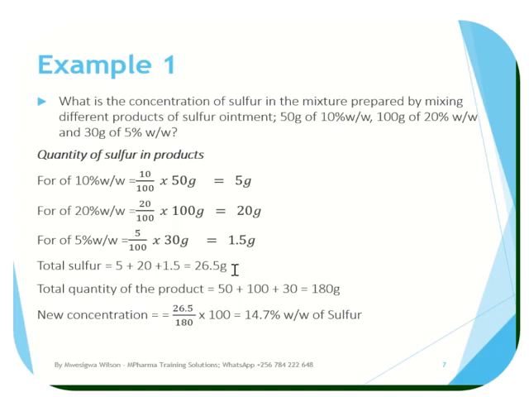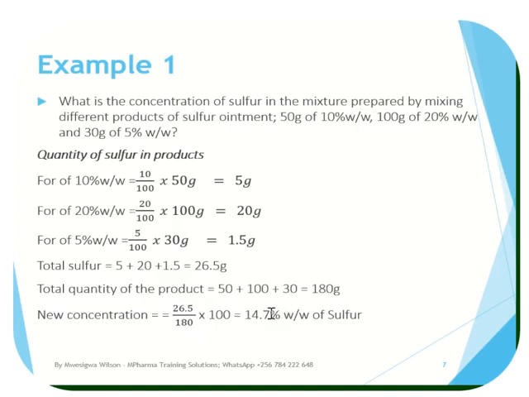Now you also need to tell us the total quantity of the product, which is just this 50 plus this plus the 30, and then you get that answer. So the new concentration is just the quantity of the sulfur, which is 26.5 grams, divided by total weight 18 grams times 100.